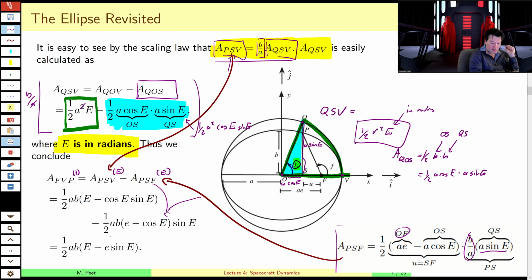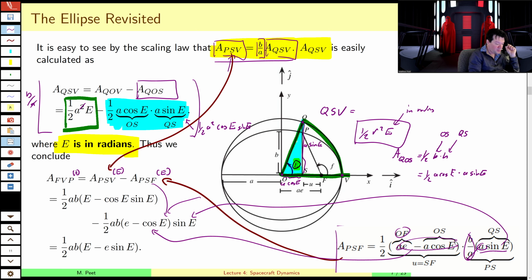And so we've got here our sine E. There's an A that cancels out, just B over A. Sine E comes out here, and then E minus cosine E shows up right there. And so we have 1/2 AB, this stuff, minus 1/2 AB, this stuff.